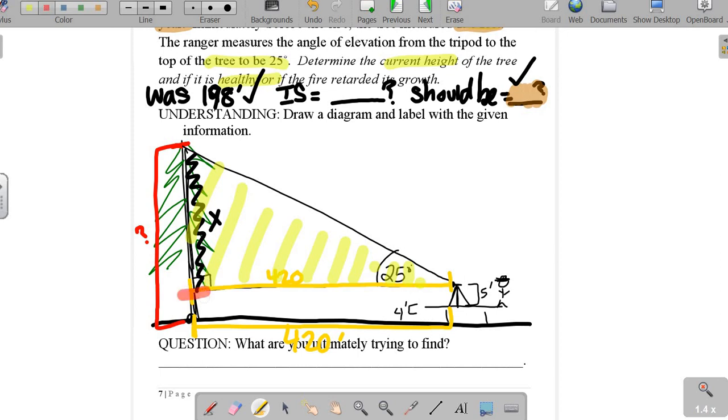Once you solve for X, you have an additional 5 feet that you must account for. Not 5 feet, 9 feet, because the tripod is 5 and then you're already 4 feet off the ground. So keep that in mind. Once you solve for X, you are adding an additional 9 feet. And this measurement that you are calculating is the is height, what the current height is.